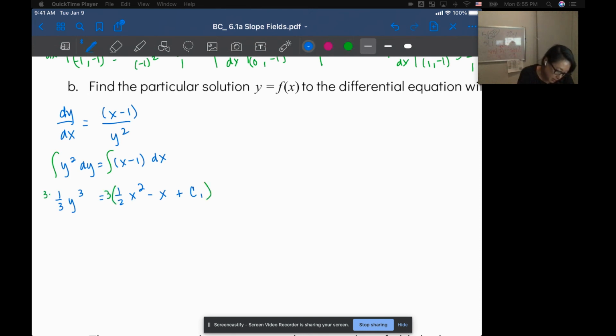So I get y cubed is equal to 3/2 x squared minus 3x plus c2. And c2 is equal to 3 times c1. All right, and then we isolate y, giving us the cube root of 3 over 2 x squared minus 3x plus c2.